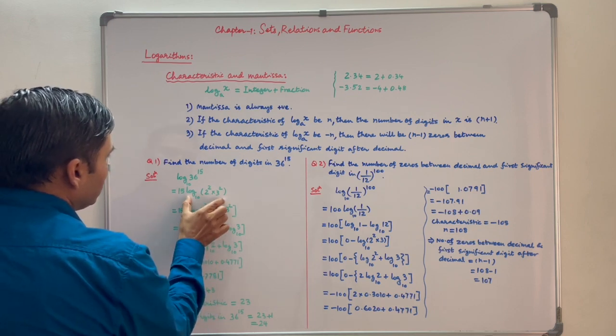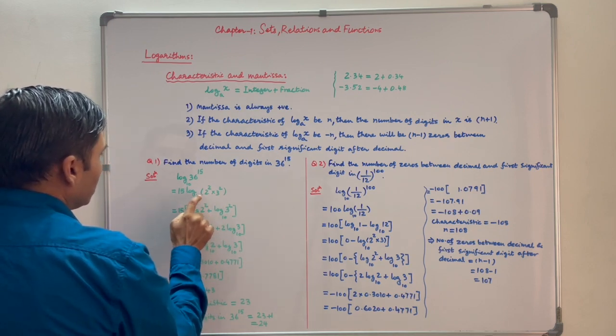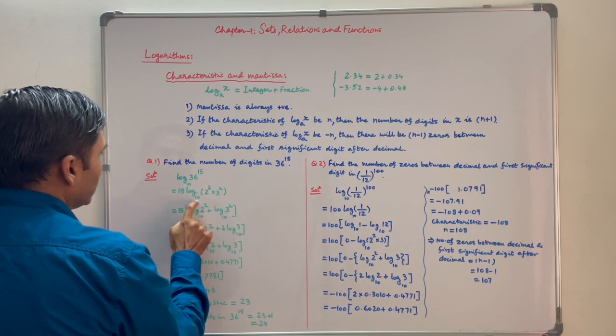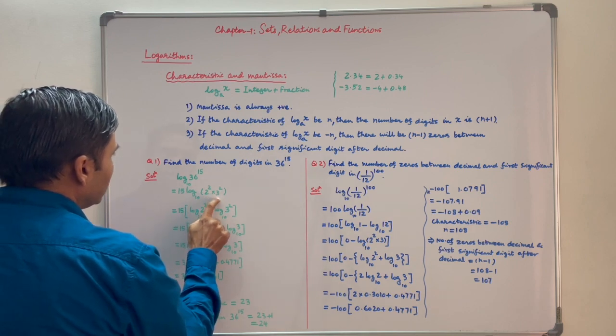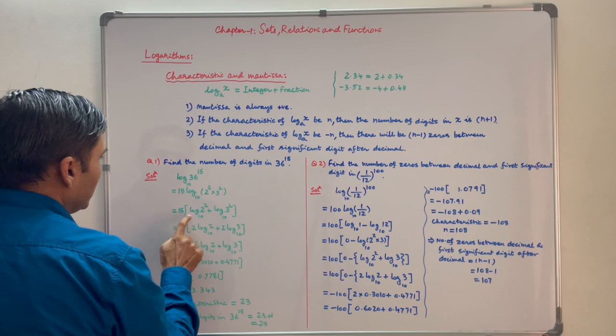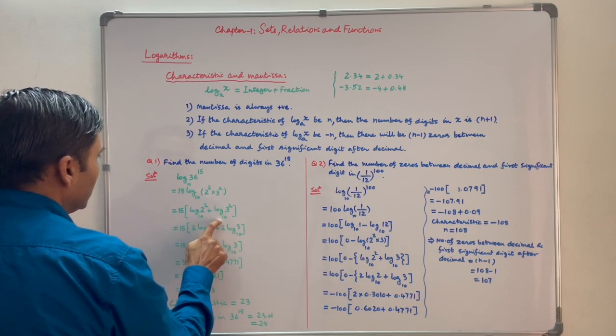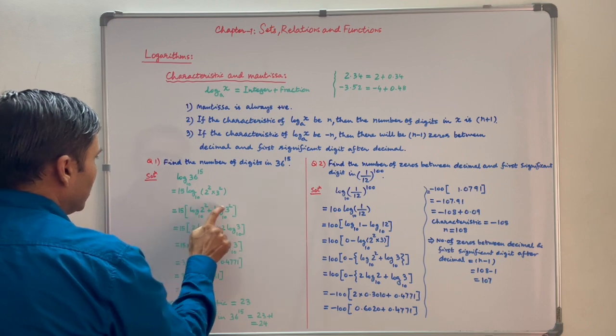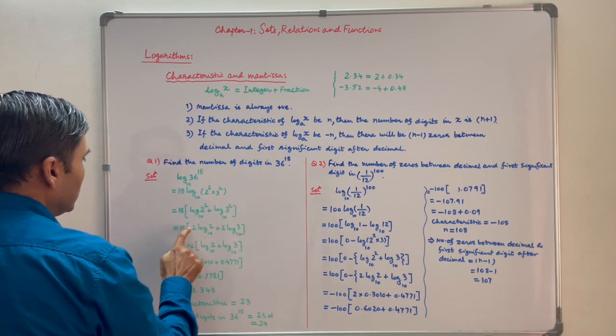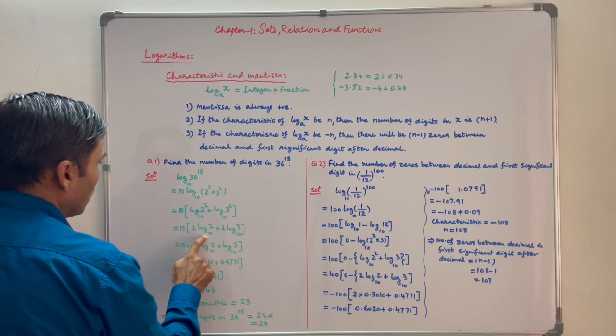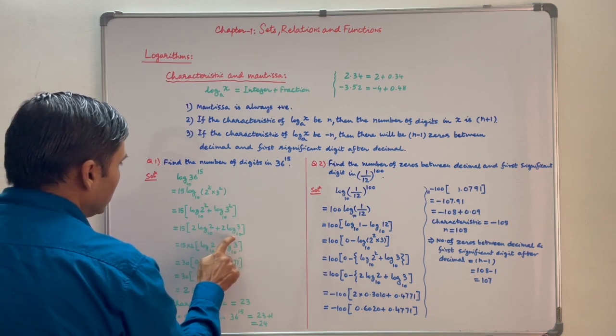Now this can be expanded as log m to the base 10 plus log n to the base 10, where m is 2 to the power 2 and n is 3 to the power 2. So it will be 15 times log 2 to the power 2 base 10 plus log 3 to the power 2 base 10. Now these powers can be shifted here, so it will be 15 times 2 log 2 base 10 plus 2 log 3 base 10.